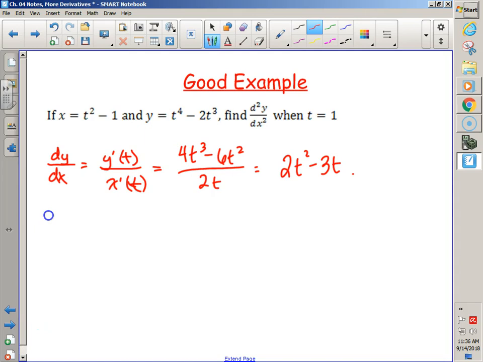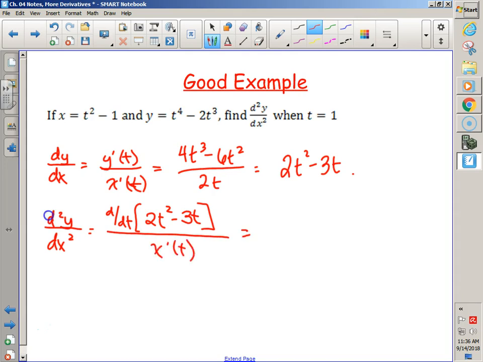What do we need? To find the second derivative, take d dx. We can't. Take d dt of the derivative you just found, but the notation would break down. What else do we need? An x prime of t. Then we would get 4t minus 3 all over, who was x prime again? 2t.